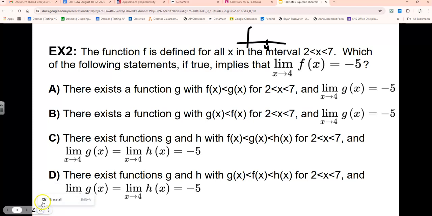I needed it to approach negative 5. Let's try that again. All right, here's our 4. I need it to approach negative 5. I'm going to use green for my f function. I want f to go through this point right here. Open circle, closed circle, doesn't matter. I want it to do something like this, right?